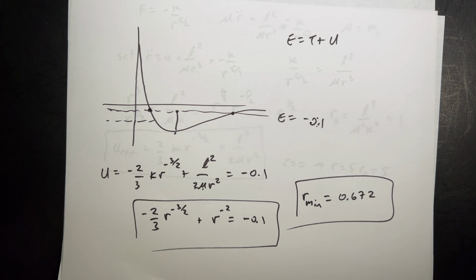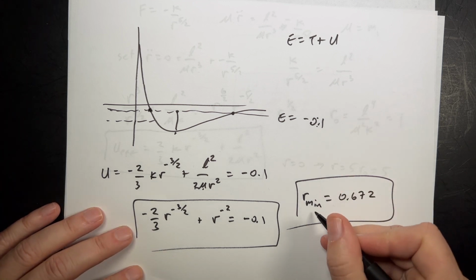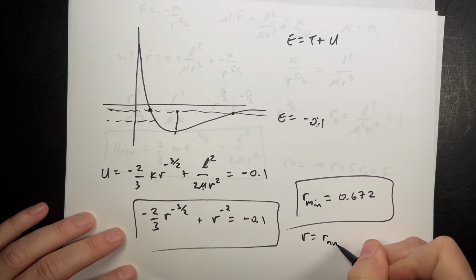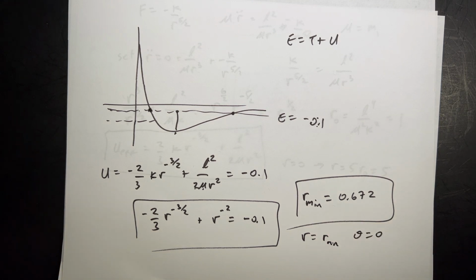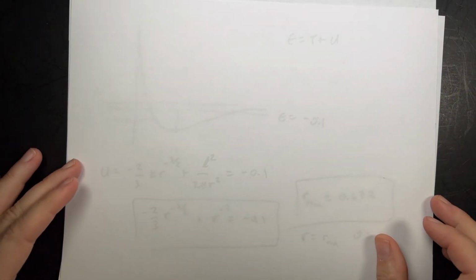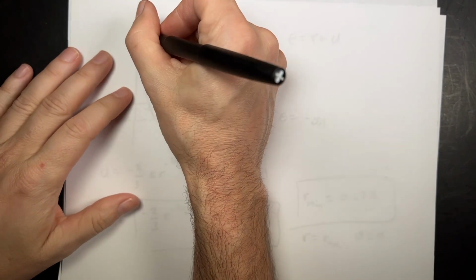Part C says make a plot where R starts at R minimum and theta is equal to 0. And then make a trajectory plot. So let's make a trajectory plot. We got a little bit of work to do here. Because we've made it an equivalent one-dimensional problem, but it's not. So let's go back to our actual equation.